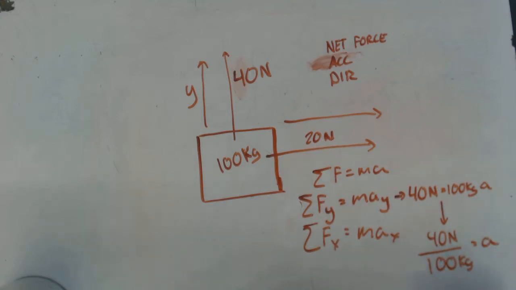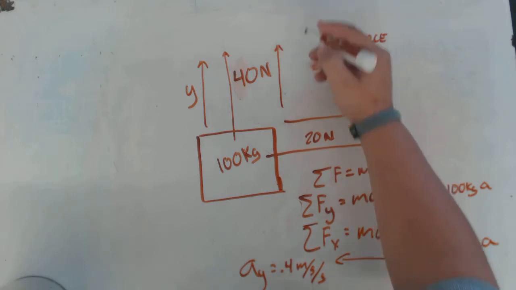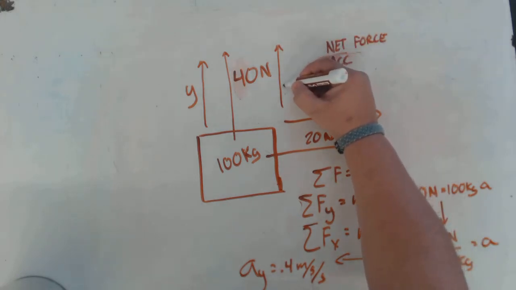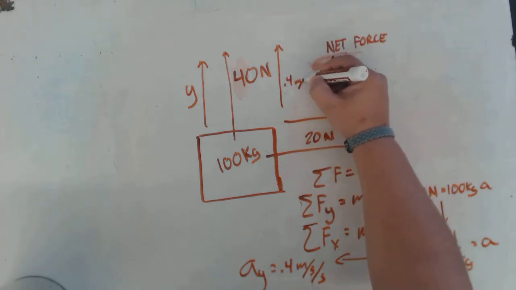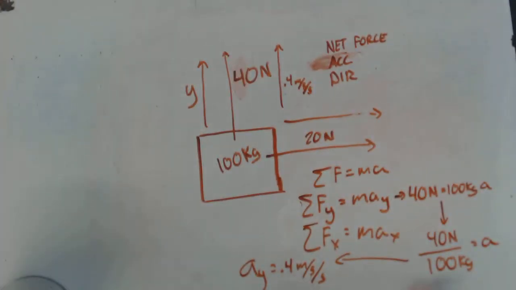So my acceleration in the y is going to be 0.4 meters per second per second. That means it's accelerating at a rate in this direction of 0.4 meters per second per second. So a pretty small acceleration.